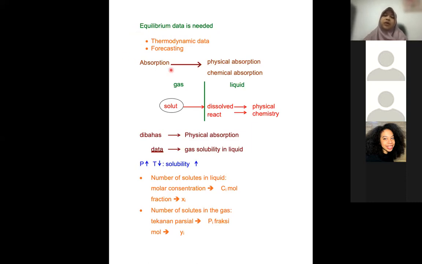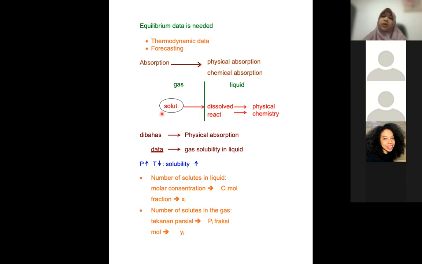And the absorption is actually divided into physical absorption and also chemical absorption. So in physical absorption, it will just dissolve, yeah, it will just dissolve, akan terlarut. But in the chemical absorption, it's just going to react.